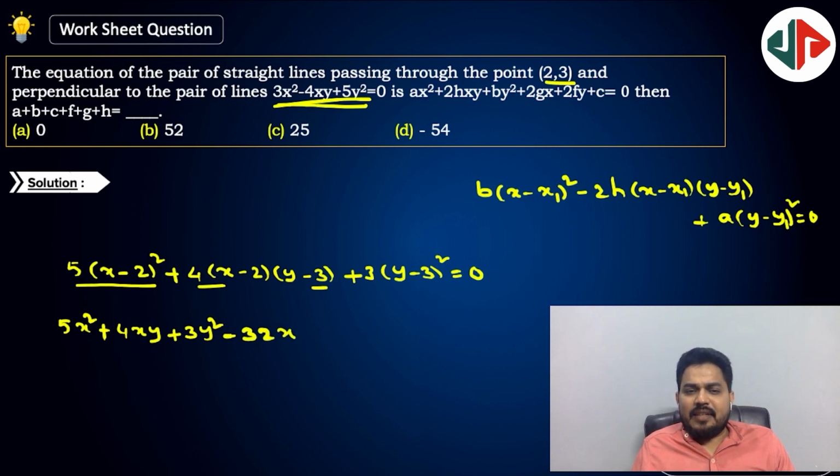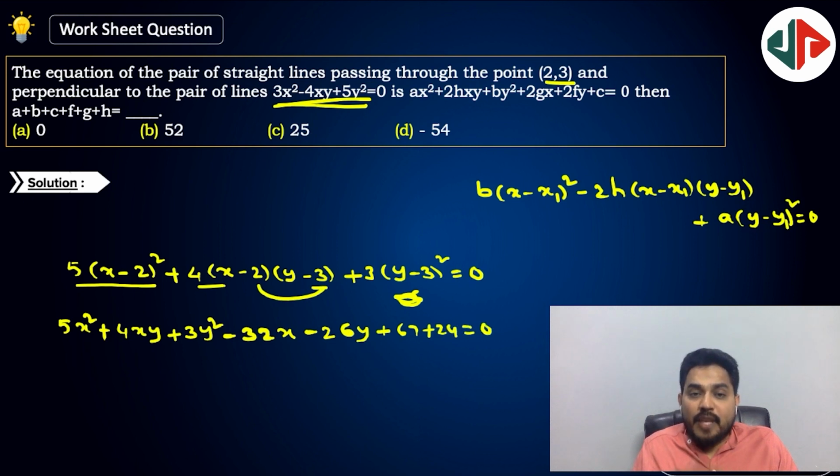Here minus 8y, here minus 6y, 3 times minus 18, minus 18 minus 8, minus 26y, minus 26y, and 20 and 27, 47, 47 plus 20, okay, 47 plus, here it is 24.